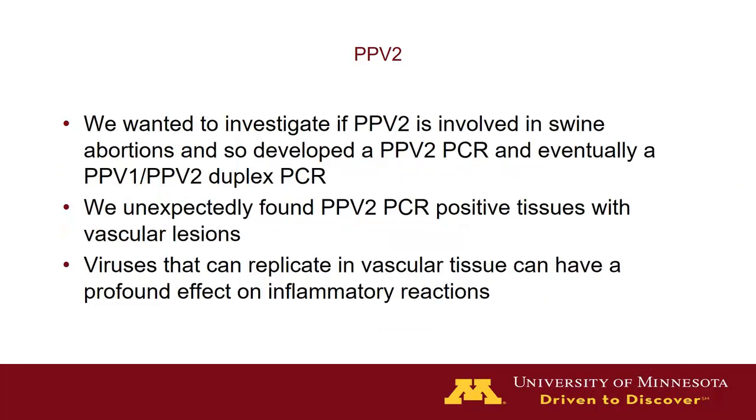I said we wanted to look at Parvo 2, and we already had a Parvo 1 PCR, so we combined the two so it would be less expensive to do routine screening. And as part of our test validation, we'll just start looking at tissues, no matter what their history is.